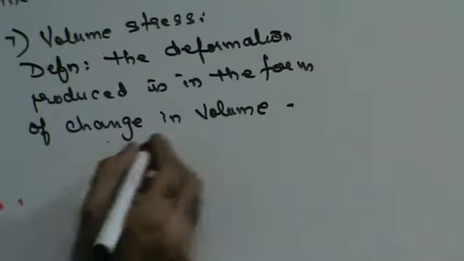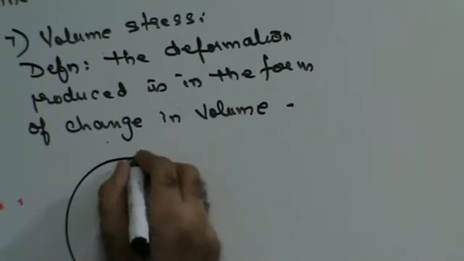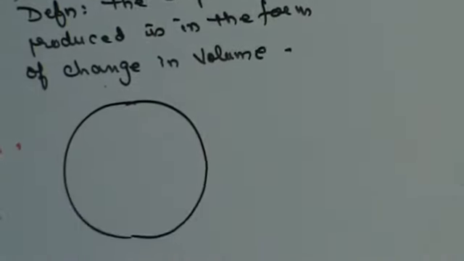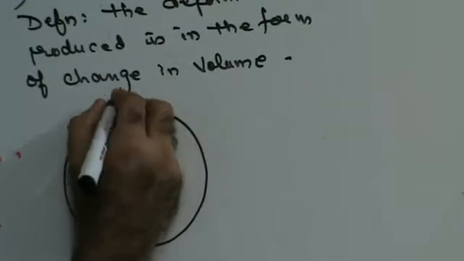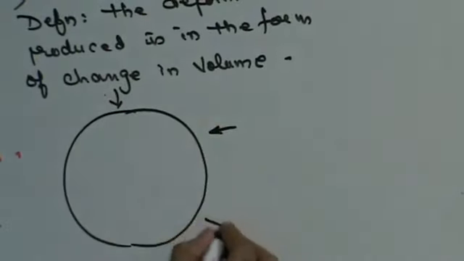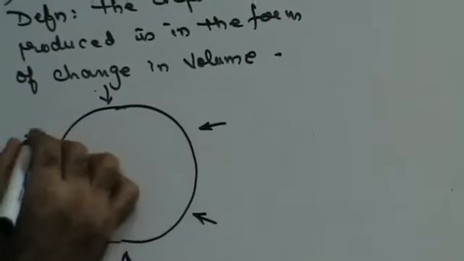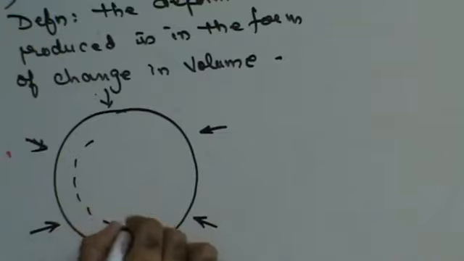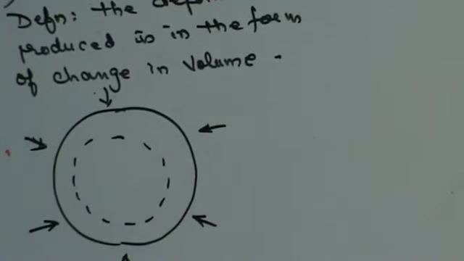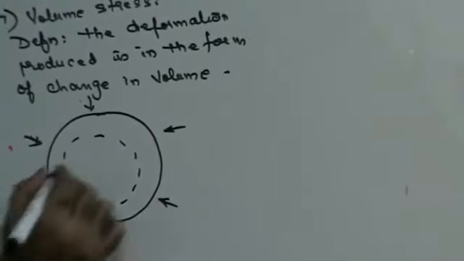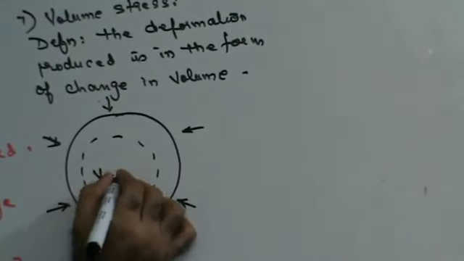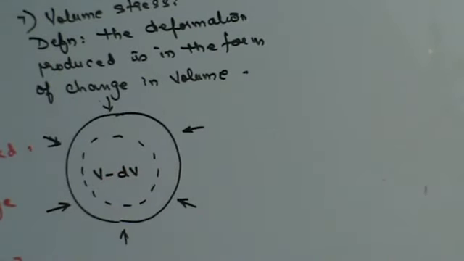Right? Let us assume I have a balloon. If I apply force on it from all directions, then its volume will reduce. It will become smaller in size. The new volume will be original volume minus the change in volume. Right? Now, a change in pressure can either increase or decrease the volume.